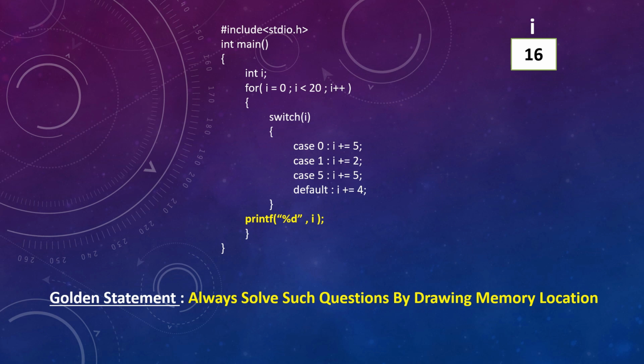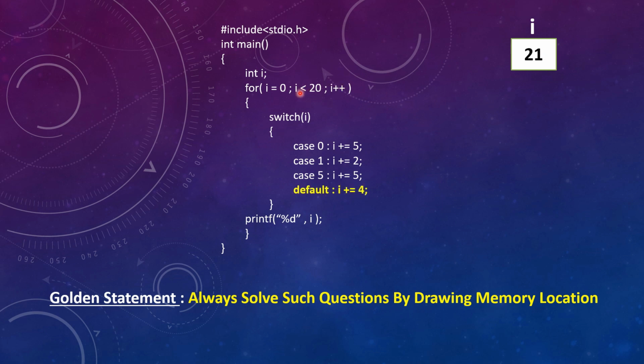Then the control moves back to the increment decrement part, because we have a loop. Loop means we need to run this piece of code again and again until this condition is false. Whenever the condition is true, we have to run this entire code. So we increment the value of i, and now i's value will be 17, from 16.